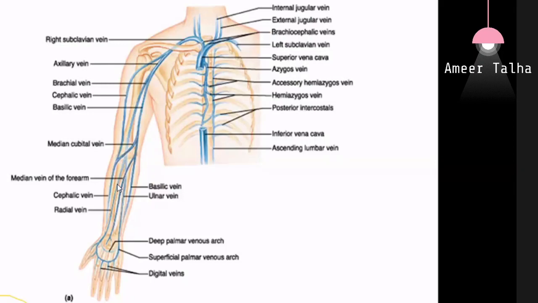So that is the reason that the median cubital vein, and these are present or visualized from the anterior aspect.